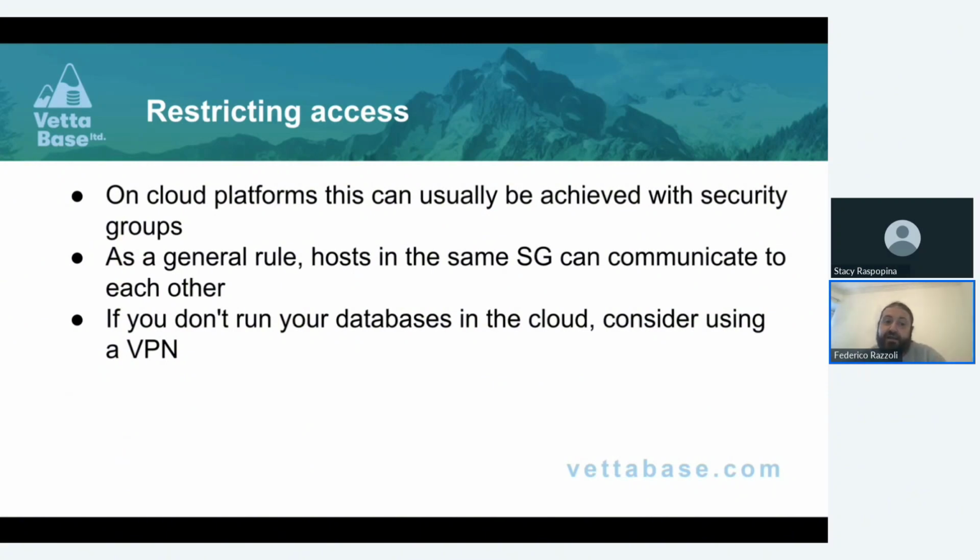And as a general rule, hosts in the same security group can communicate with each other using certain ports only if you set specific rules, but yeah, they can access each other. I'm not digging into the details because it depends a lot on which cloud platform you use.